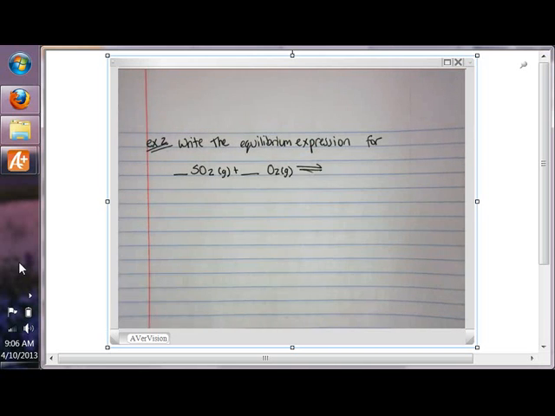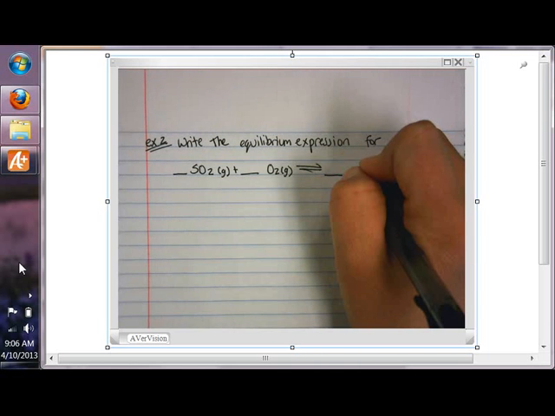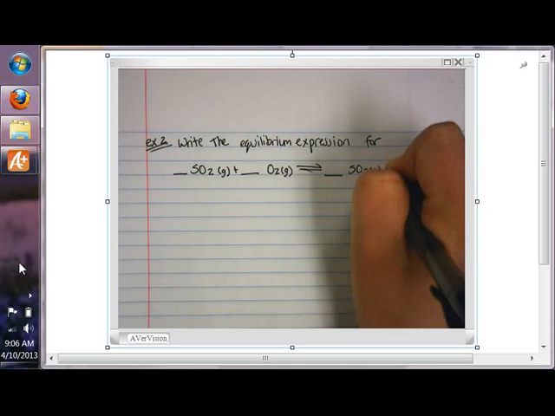Notice we're going to have to balance it. I'm leaving these lines for a reason. SO3 gas. So I'm going to balance this.